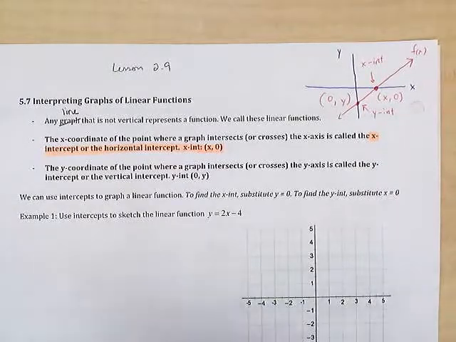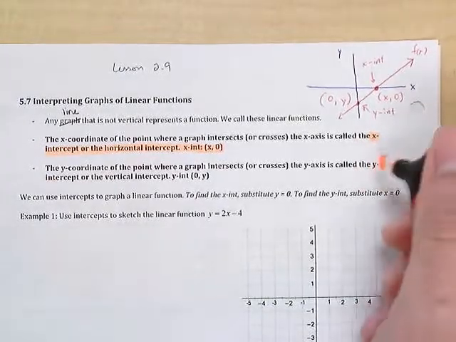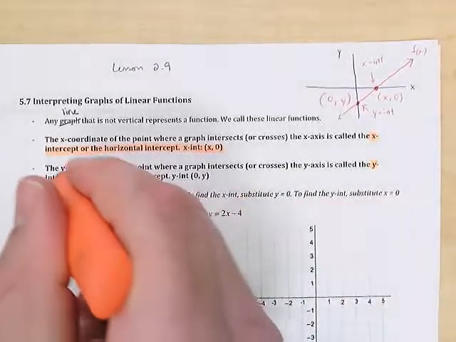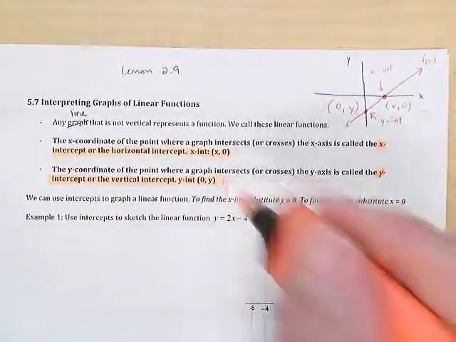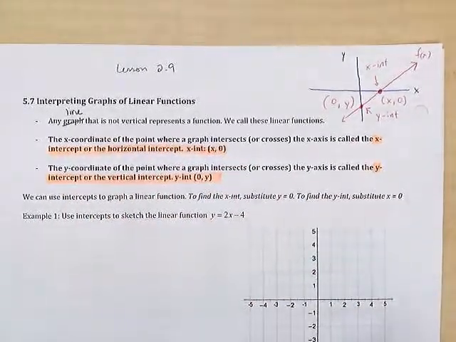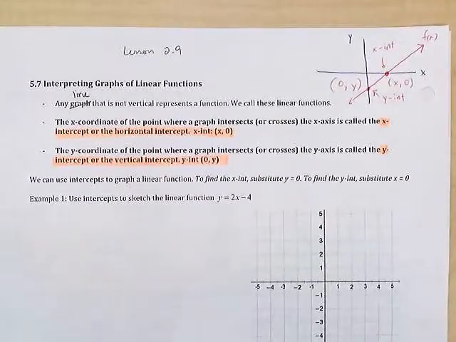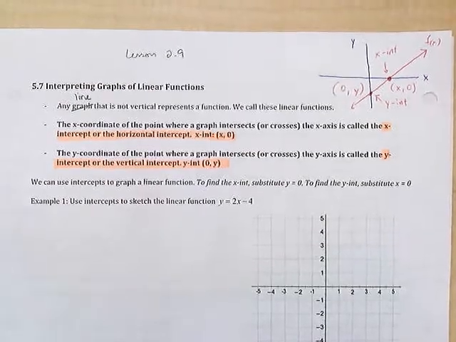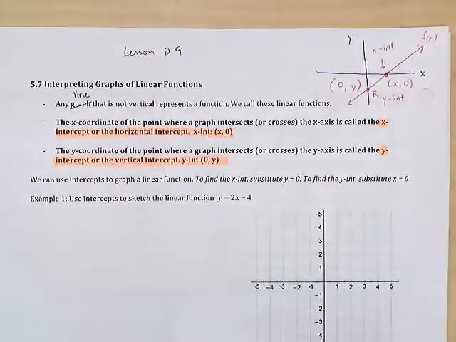So this is summarized here. The y-intercept is the vertical intercept, and it's denoted by 0, y, okay? So that's how we're going to talk about that. And let's see how that is being used, okay?